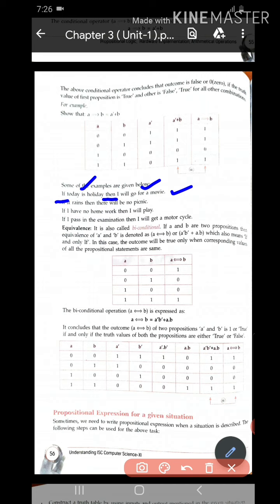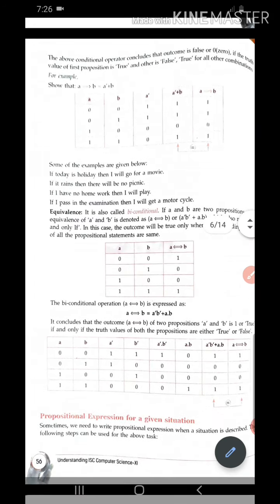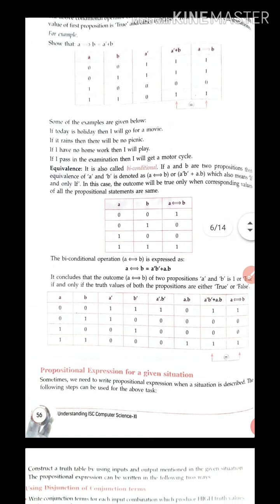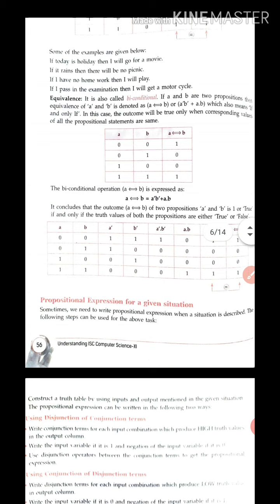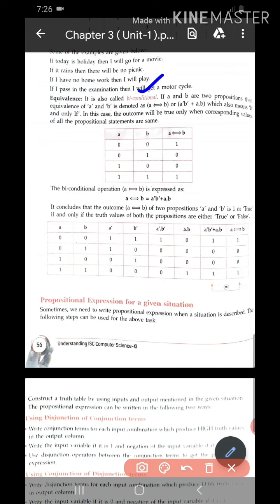And see, next is equivalence. Equivalence sometimes comes by saying equivalence law. See, equivalence law, we can say it by conditional also. Equivalence law or by conditional law. It can be indicated in the form of a symbol, a double-sided arrow.